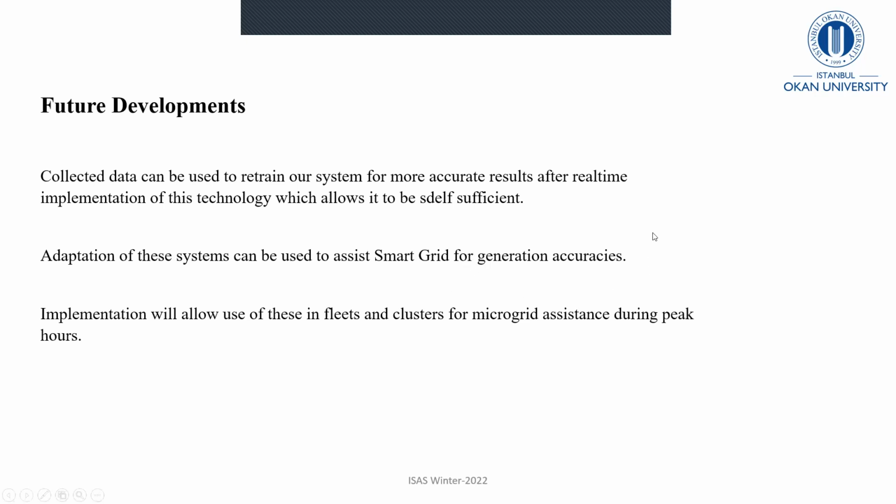The adaptation of the system can assist smart grid generation accuracies for the prevention of blackouts and frequency slips, in cases where the frequency goes down or up and creates havoc. If frequencies go 1 or 2 hertz below the set parameters, it can create catastrophic damages in a power plant.